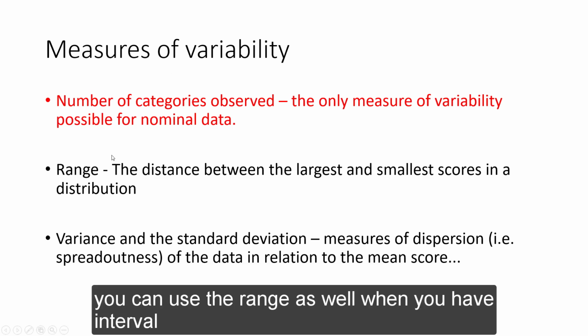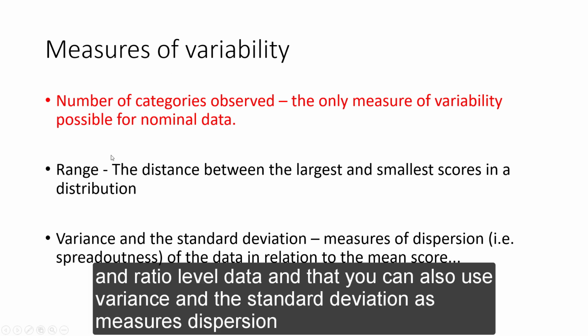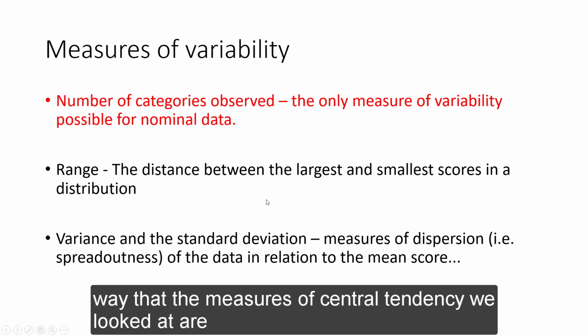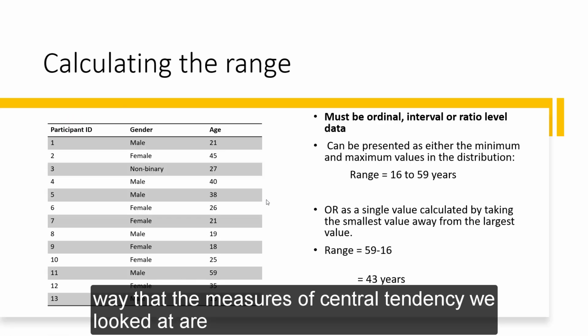You can use the range as well when you have interval and ratio level data. But you can also use variance and standard deviation as measures of dispersion for interval and ratio level data. You can't use that for ordinal. So this is the hierarchy of measures of variability, in the same way that the measures of central tendency we looked at are.